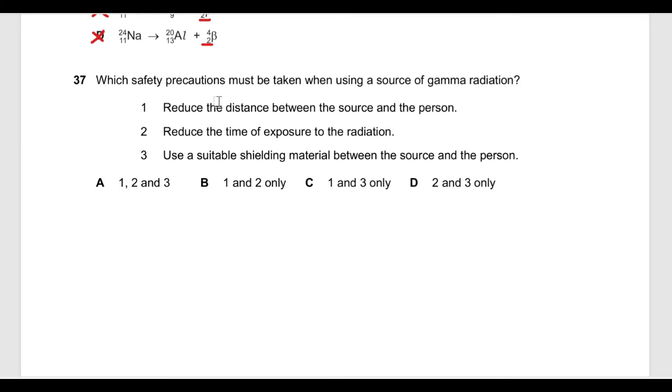Now 37: which safety precaution must be taken when using a source of gamma radiation? 1 says reduce the distance between source and person. We have to increase the distance between source and person. Although gamma radiation is very penetrating, reducing the distance will also worsen the case. So 1 is not correct. 2 says reduce the time of exposure to the radiation.